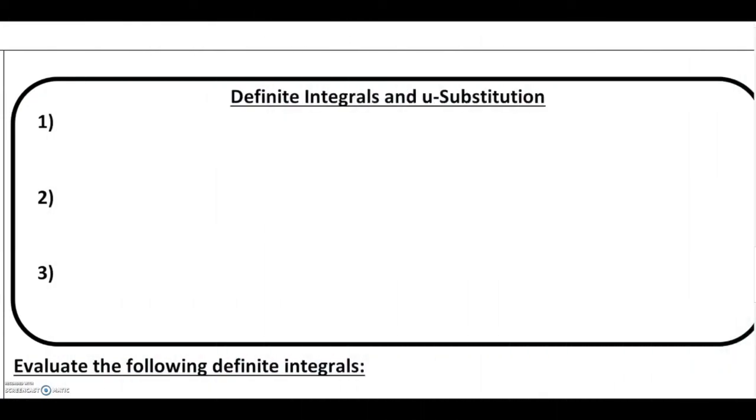The last thing we'll deal with for this lesson is working with definite integrals that involve u-substitution. Where we'll start is when we see the integral from a to b of our inside function, identify u, and evaluate du for that u-substitution, just like we did on the initial examples.